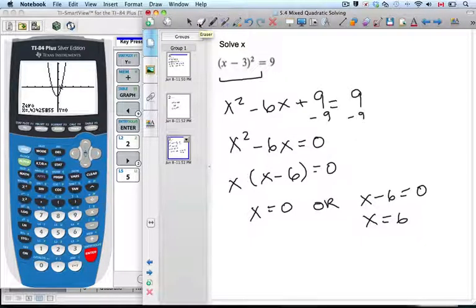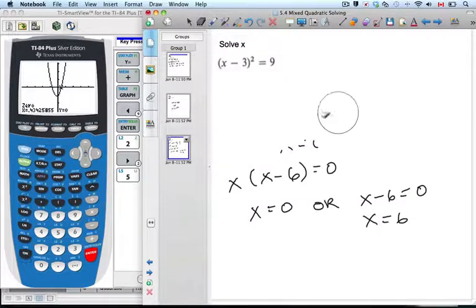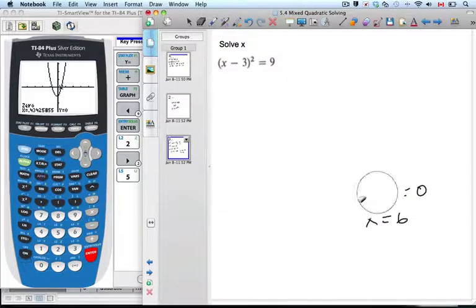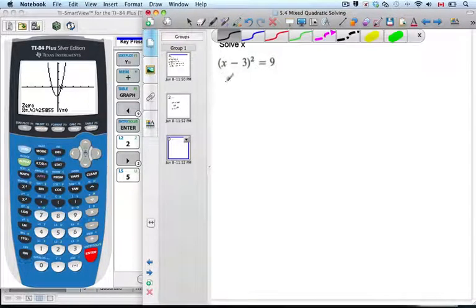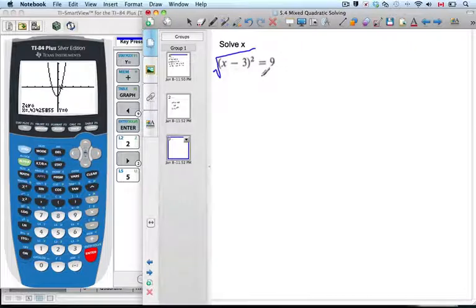Let's consider, well, I know (x minus 3) squared equals 9. And this is a really nice situation where I could take the square root of both sides because 9 is a perfect square. So I take the square root of this side, the square root of this side, so I have x minus 3 equals the square root of 9, which is plus or minus 3.